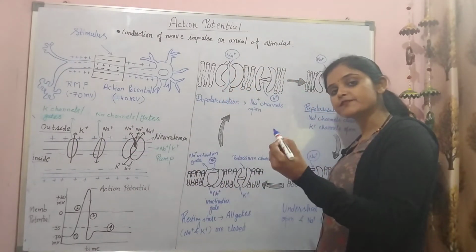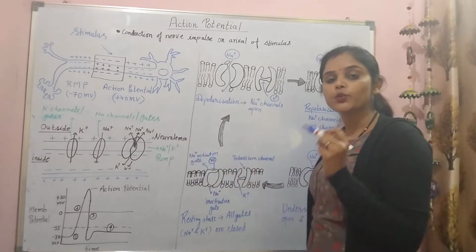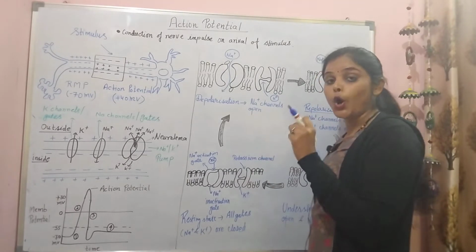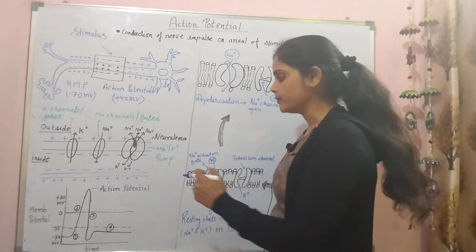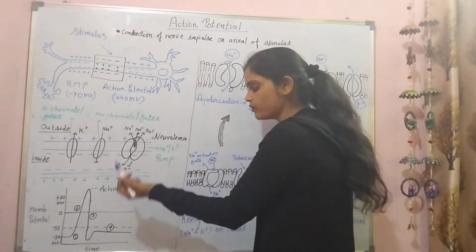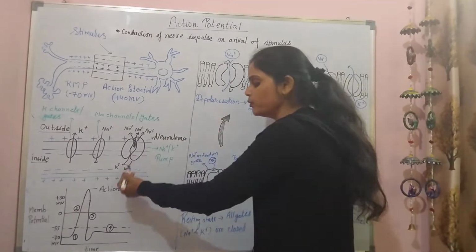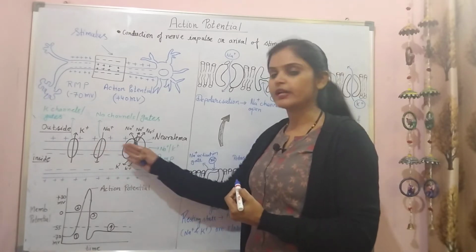Besides them, we have studied another channel, the sodium potassium pump or sodium potassium ATPase. It is an electrogenic pump which works at the expense of energy, that is ATP. When one ATP is invested, 3 sodium ions are pushed outside and 2 potassium ions are taken inside. So these are the 3 channels or pumps.